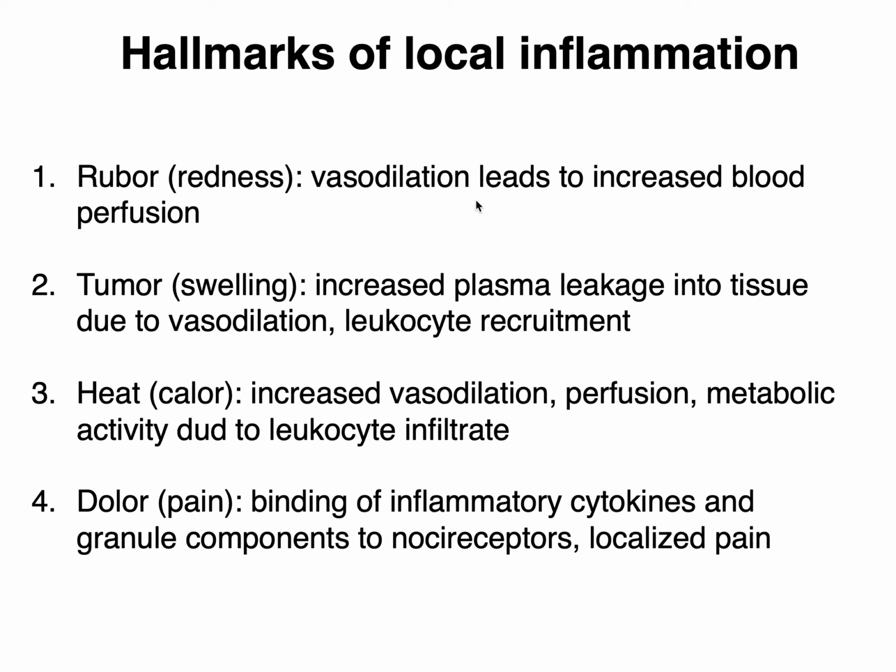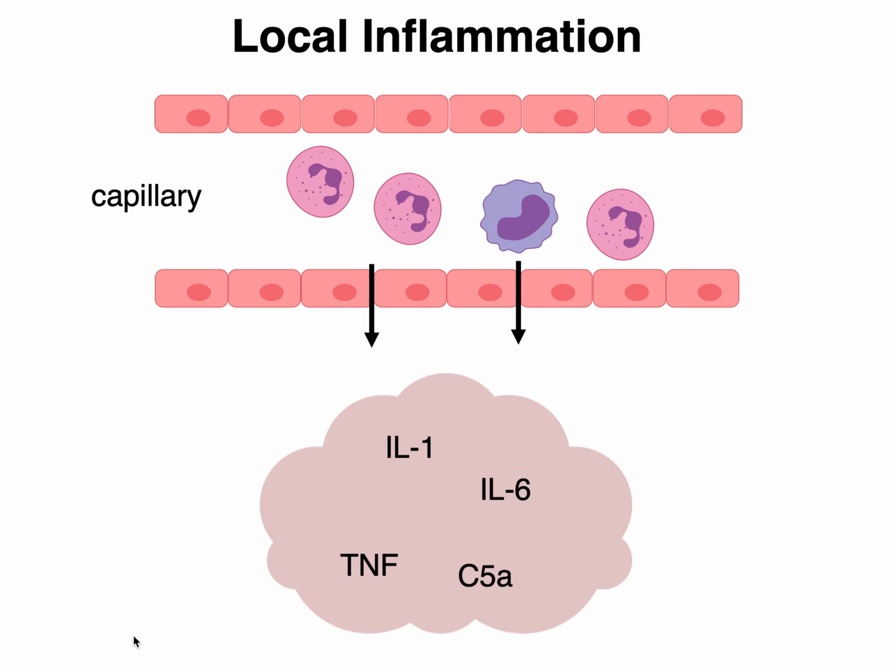If you recall, vasodilation can lead to increased blood perfusion, hence the redness, increased plasma leakage into the tissue, hence the swelling, increased perfusion and metabolic activity, hence the calor or heat. And lastly, inflammatory cytokines and granule components can bind nociceptors and lead to localized pain. And so these are the key hallmarks of a localized inflammatory response.